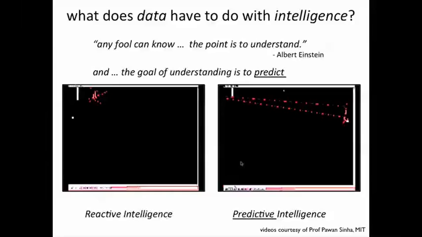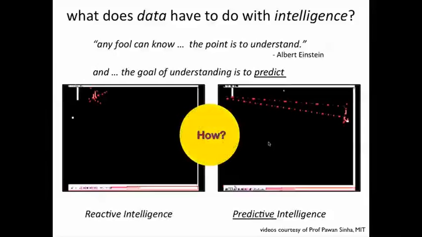It turns out that almost all of us play the game on the right, which is predictive intelligence. The question is how? And we learn to play the game on the right from all the data that we encounter in our lives.